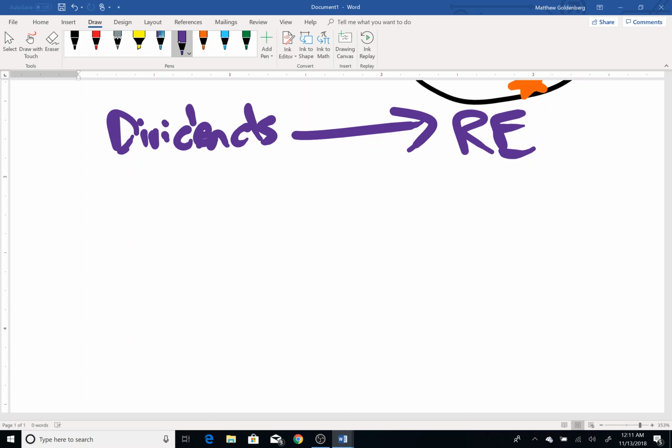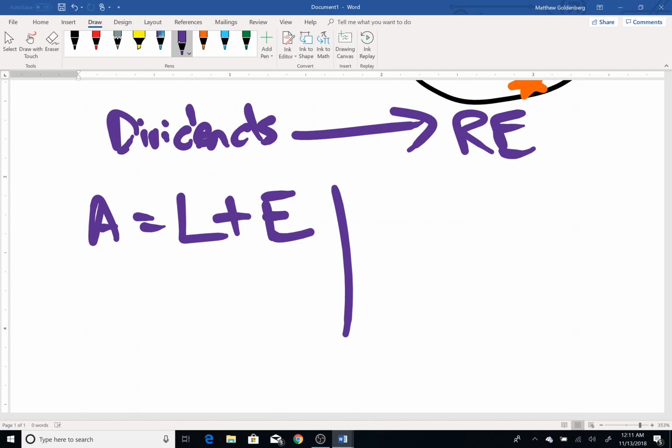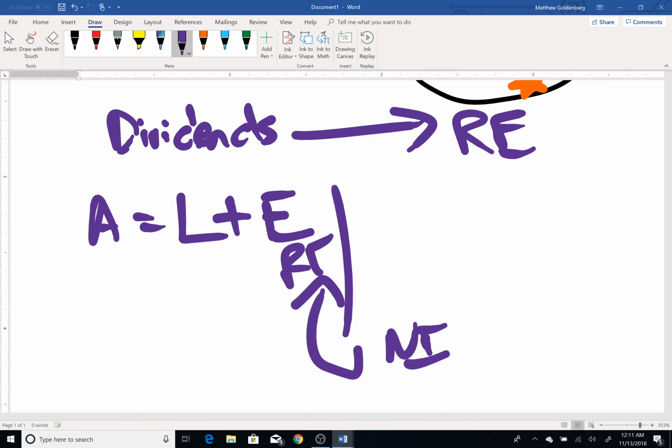And I think what you'll find is that every time you'll have assets equals liabilities plus equity. You'll have income going into equity as retained earnings.